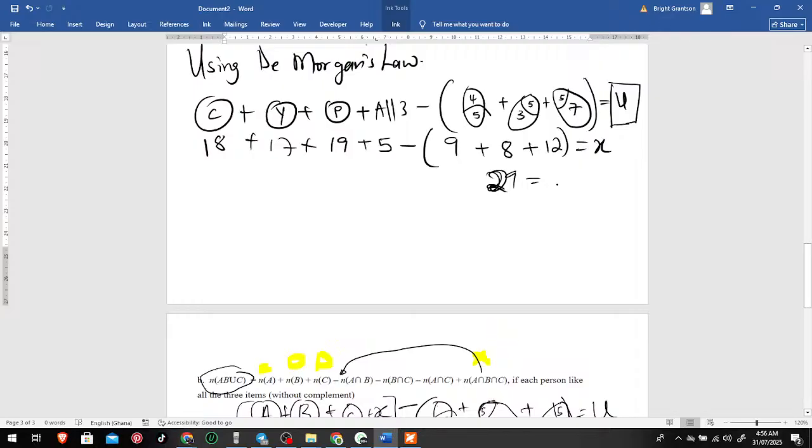So the total number of women in the group is 29. I'm sure it's 29.